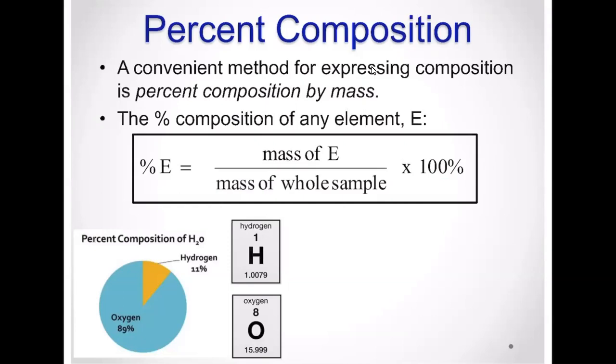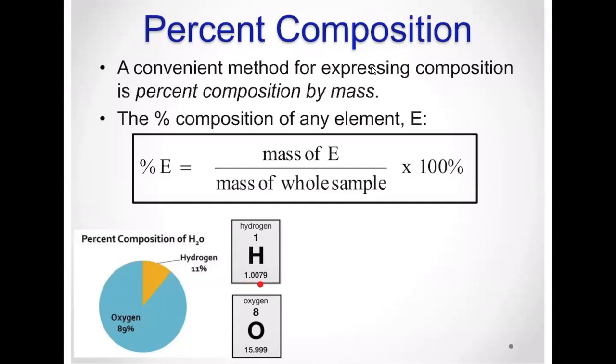So let's try this with water. Here we see the percent composition of water, and this is by mass. Even though the formula is H2O with two H's, remember that hydrogen is the first element, and it's small. It only has one proton.